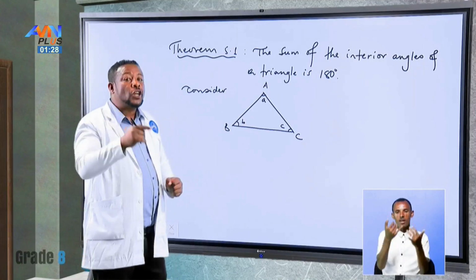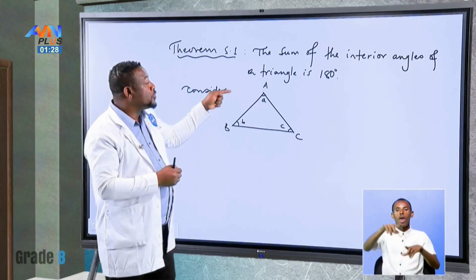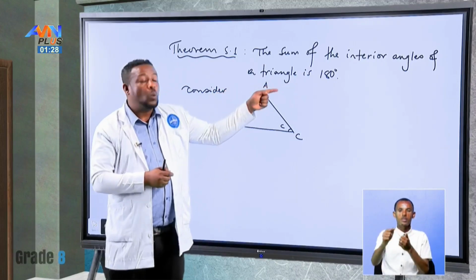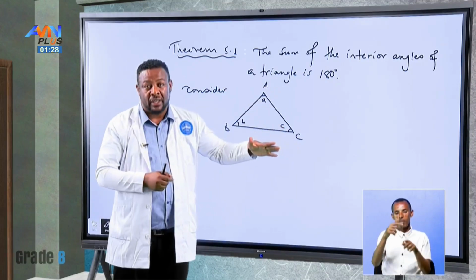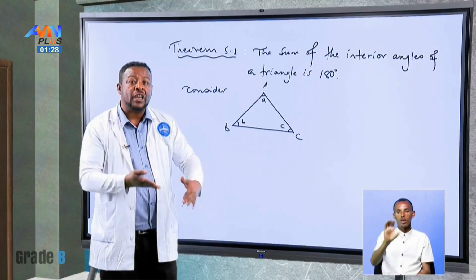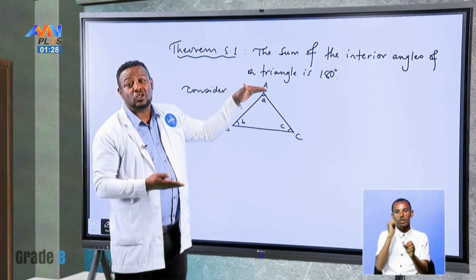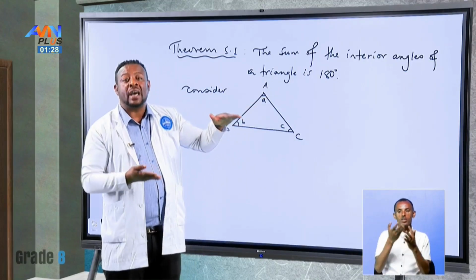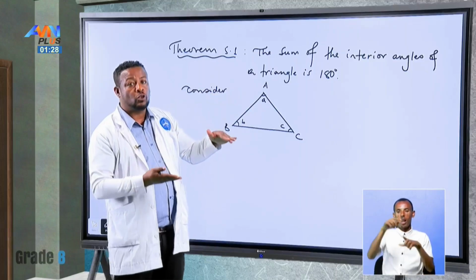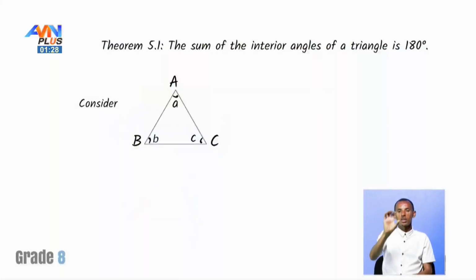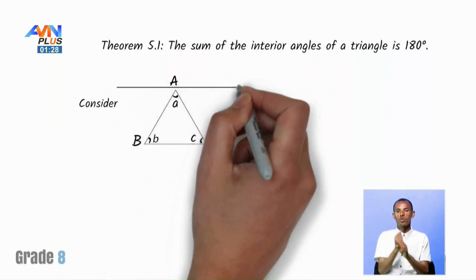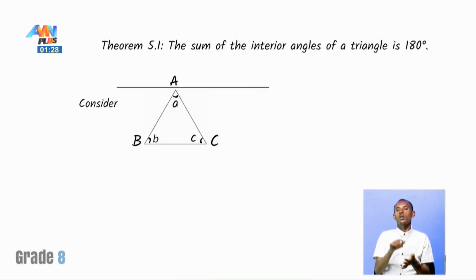Now construct a line passing through the vertex A, which is parallel to BC. We need to construct a line passing through A in such a way that it is parallel to BC. If you do that, you can roughly assume this is a line L1, which is parallel to BC.